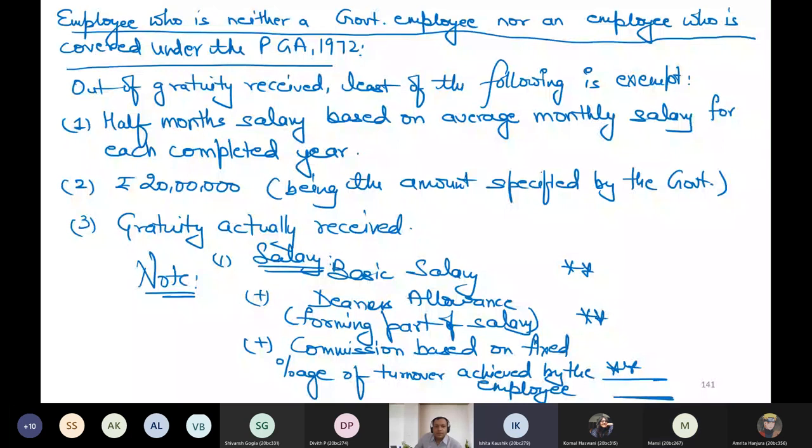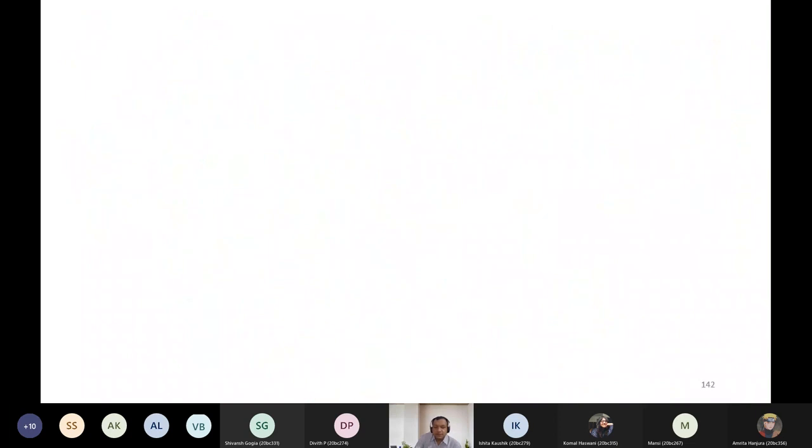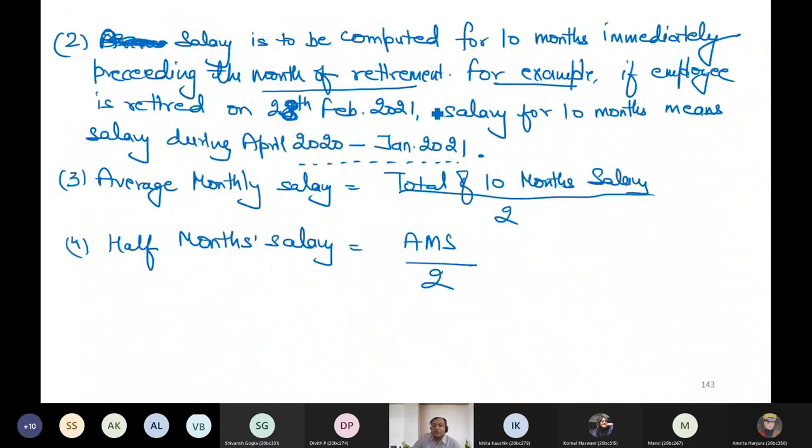Sir, can you explain the average monthly salary once again? Yeah. So there are different things here. Half month salary based on average monthly salary. First of all, the meaning of salary is different. Then you have to compute the salary of not the latest.